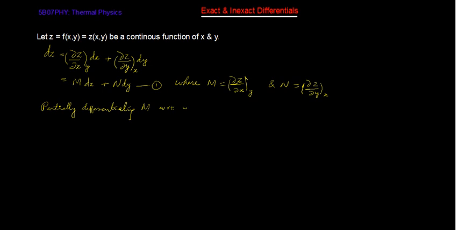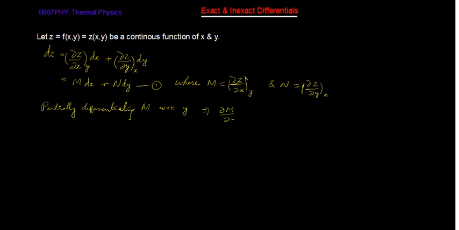You know, m is already partially differentiated with respect to x. Now let me partially differentiate with respect to y. So what will I get? I will get dou m with respect to dou y.